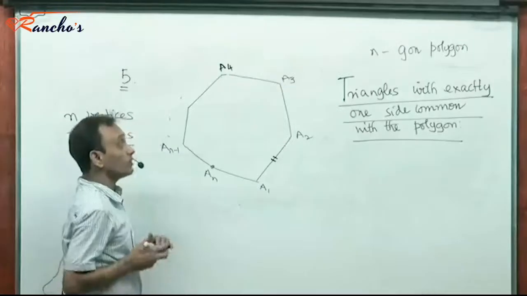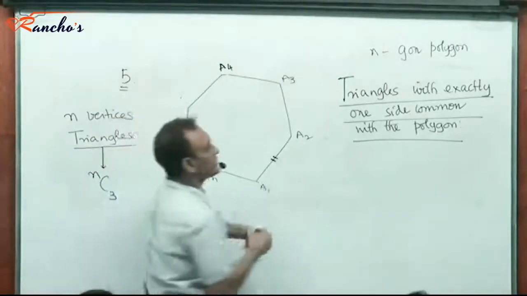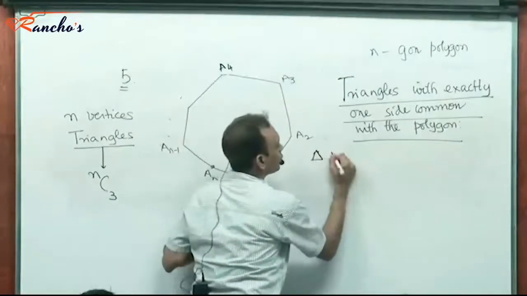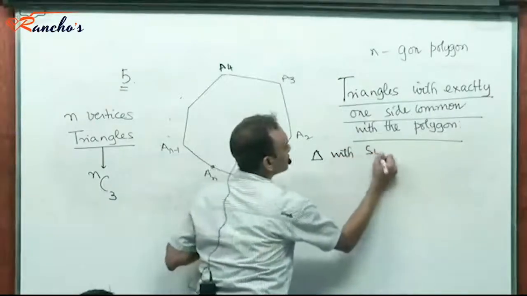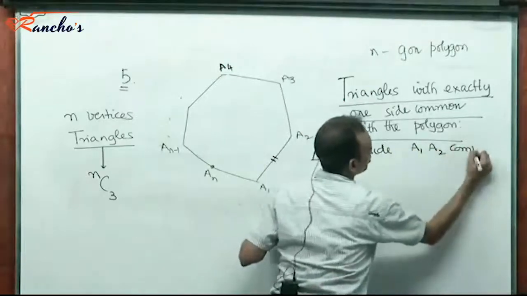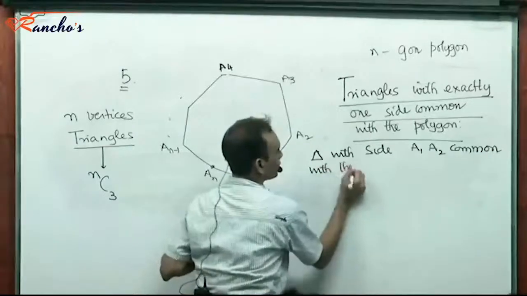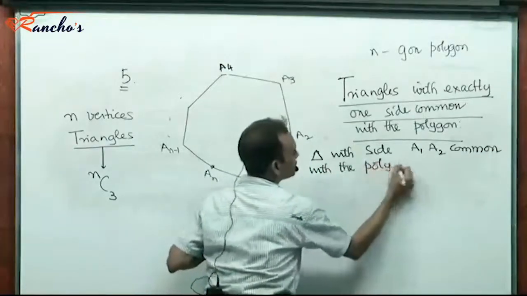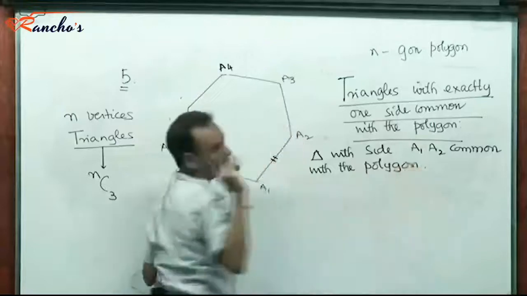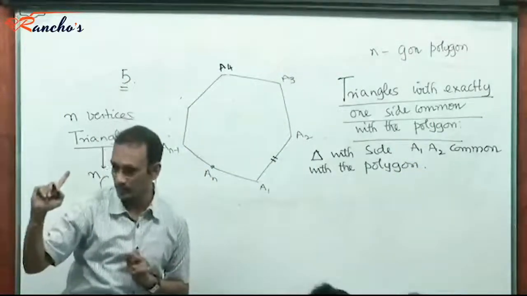Now, the triangle has exactly this side common. Say triangle with side A1, A2 common with the polygon. Exactly this side common, no other side common with the polygon.